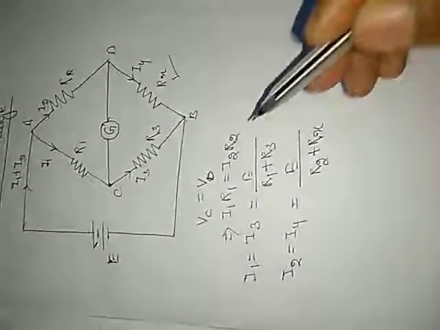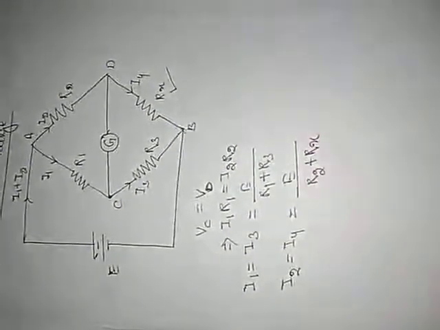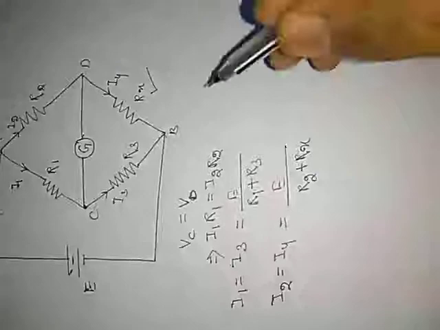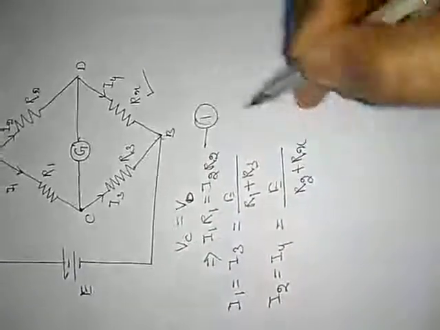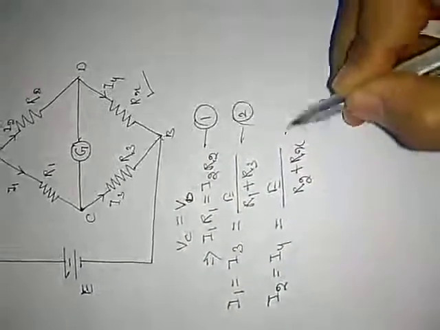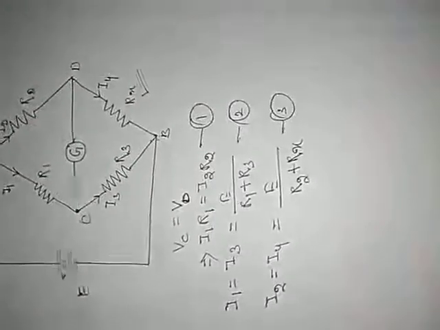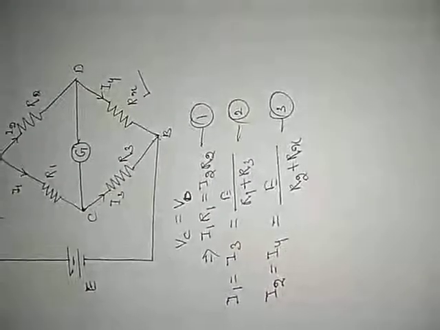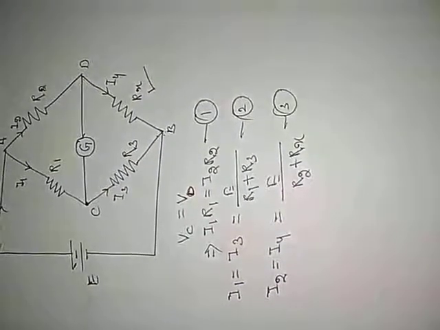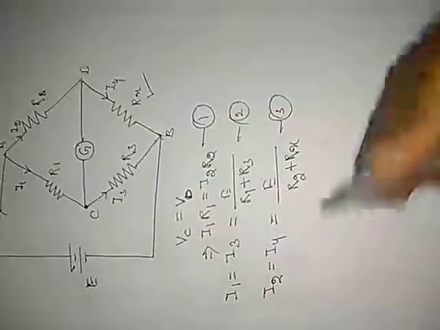Now you put the value of I1 and I2 in equation number 1. This is equation 1. Let this one be 2, this one be 3. Put the value of I1 and I2 from equations 2 and 3 in equation 1.